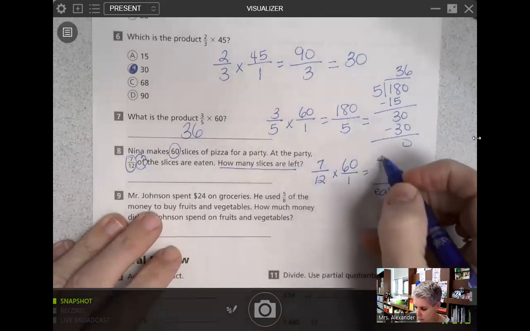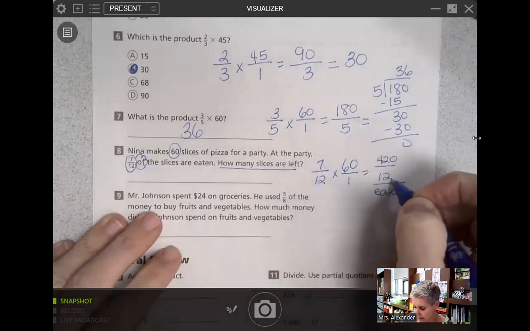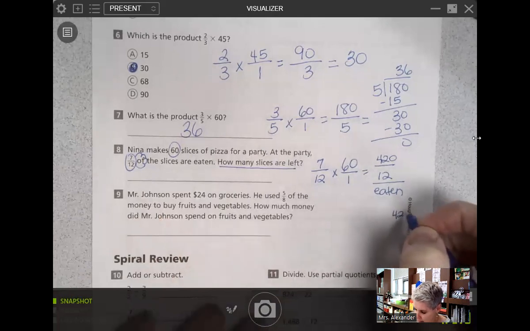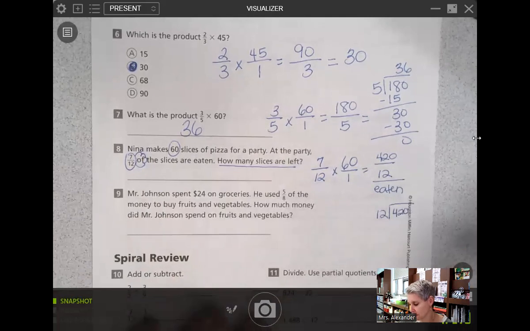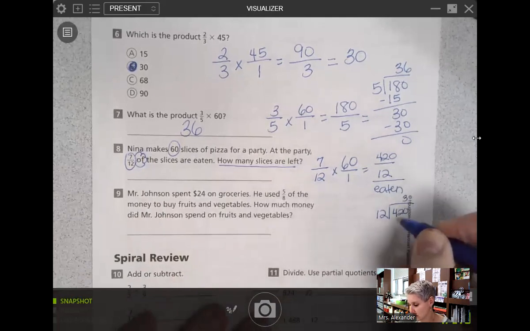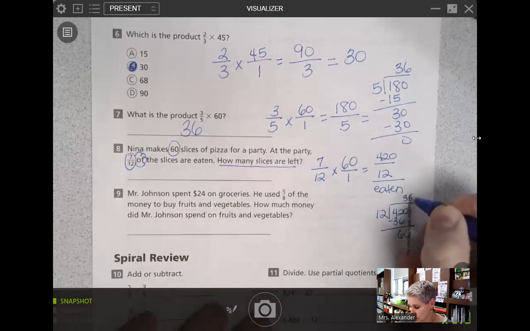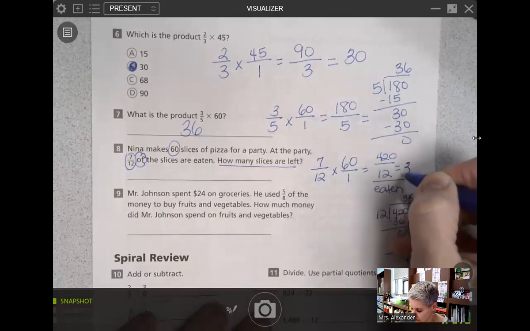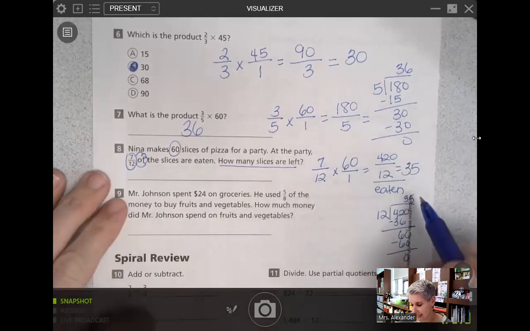7 times 60 would be 420/12. 420 divided by 12. Let's see, 3 times. So 35 pieces were eaten.